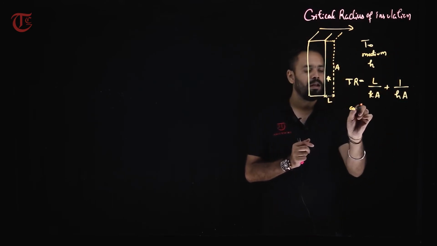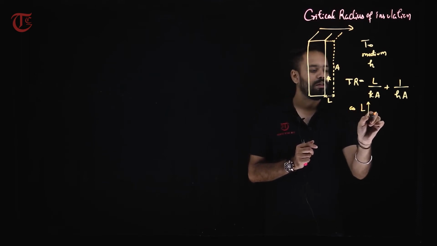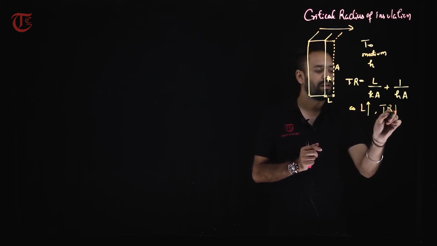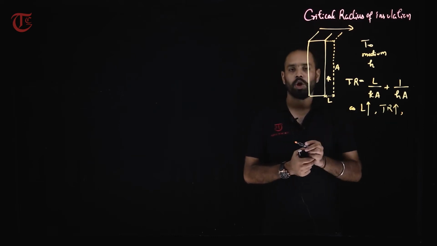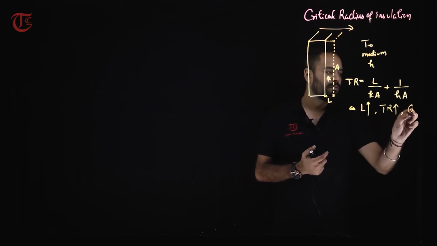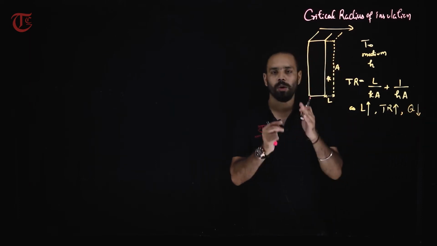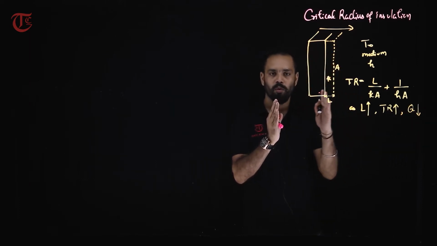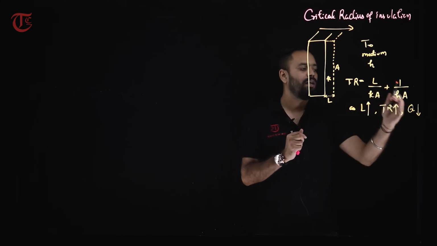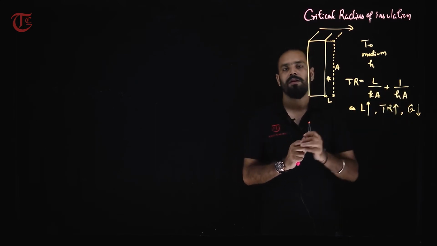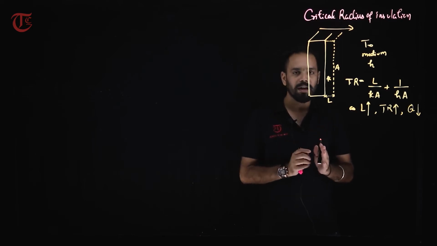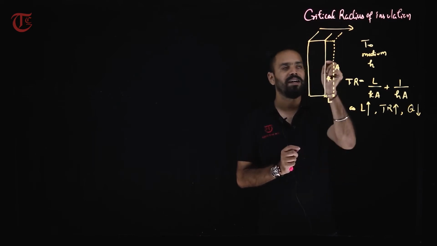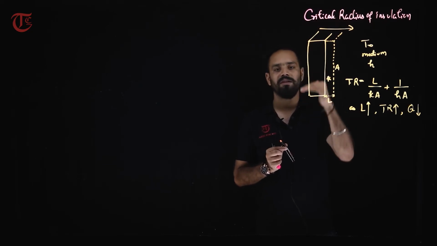But as L increases, the total resistance also increases, and as the total resistance increases, Q must decrease, right? You keep on adding insulation, more and more insulation is added, the heat rate decreases. Fine. So, there is nothing special in this case, and that is why there is no need of defining critical radius in the case of a solid slab.